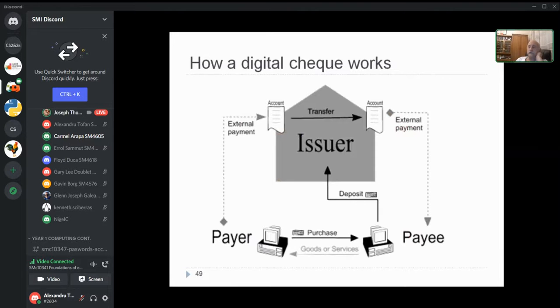Am I right or not? Yes, you are right. I can't think of an example where I've seen a digital check working, to be honest. All right, but it's one of the methods of payment.